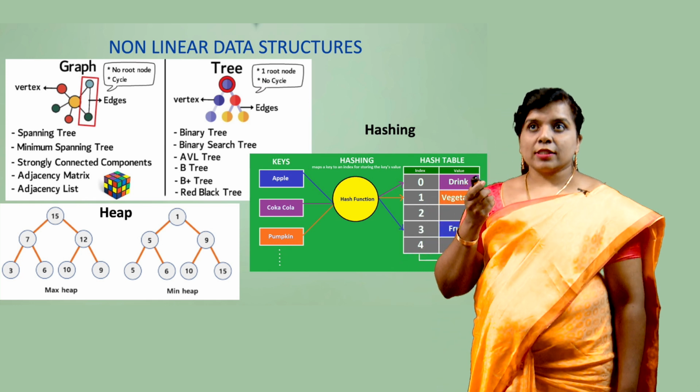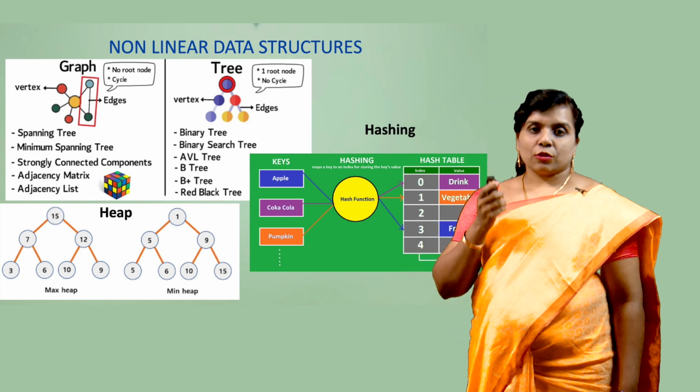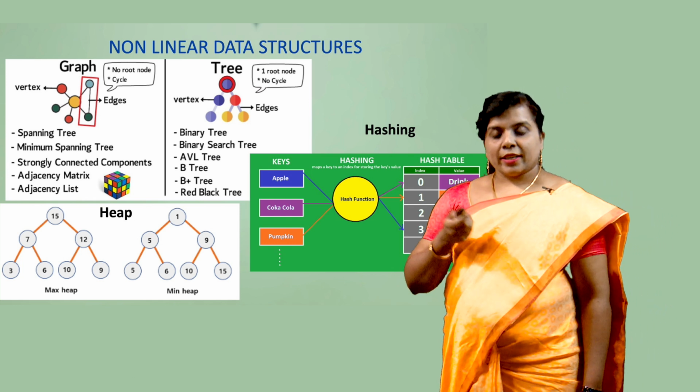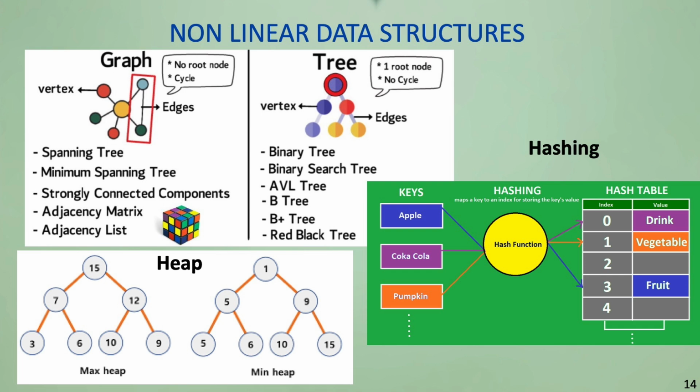We can start doing any operations on a tree from the root node, and the links that connect the different vertices in a tree are called edges. There are different kinds of trees which we will be learning, like binary tree, binary search tree, AVL tree, B plus tree and red black tree. I will be explaining each of these trees in the later part of this lecture.